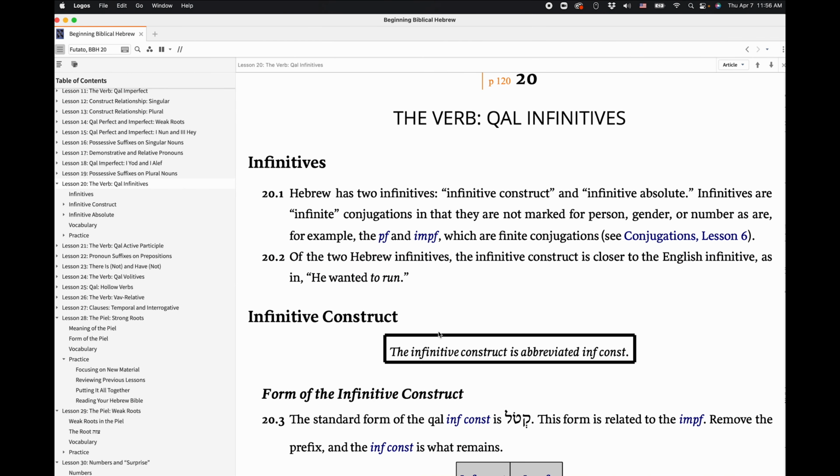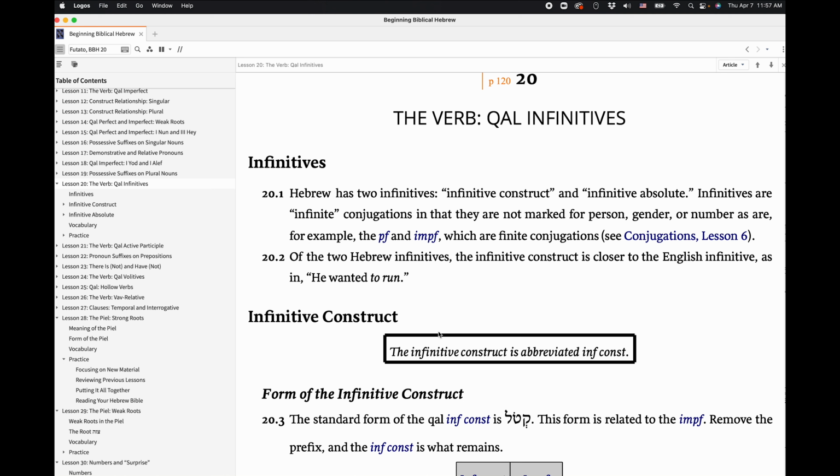Okay. So the first thing that I would say is, if the form you're looking at has either a preposition attached to the front of it, or a pronoun suffix attached to the end of it, it cannot be the infinitive absolute. It is the construct that has things attached to it. So first of all, the infinitive absolute has to be sort of an independent form.